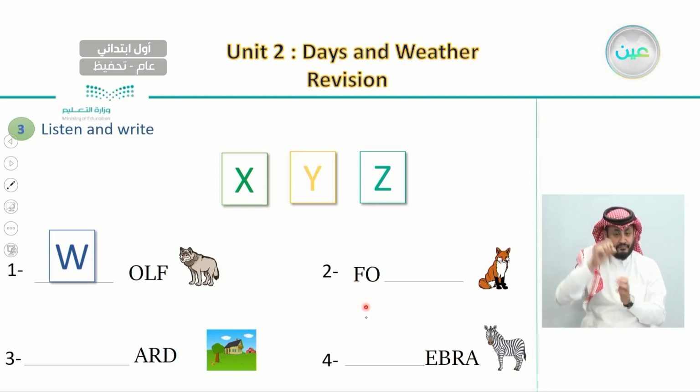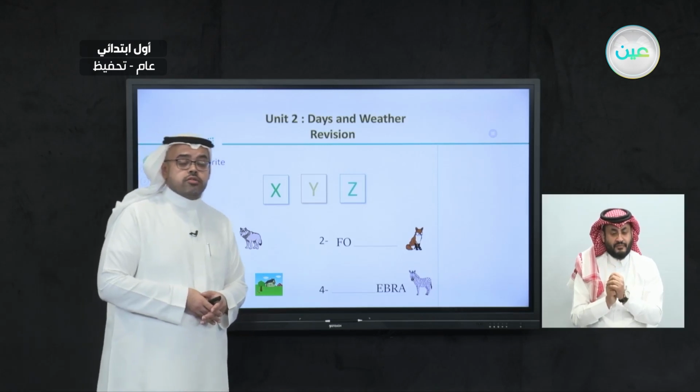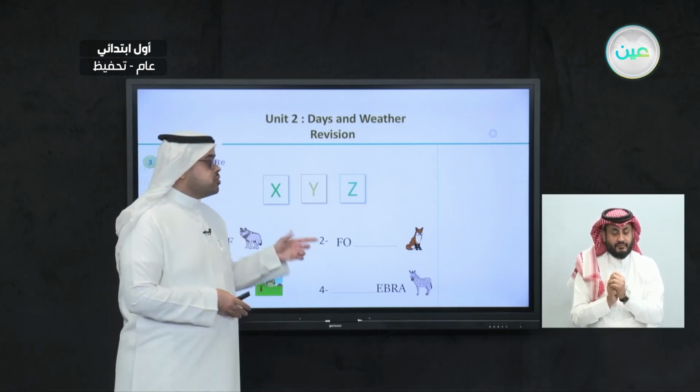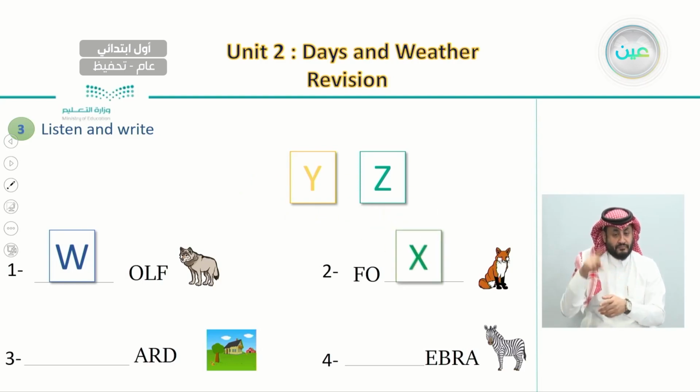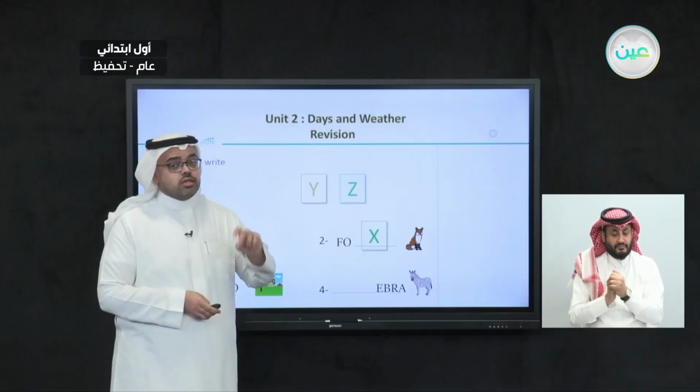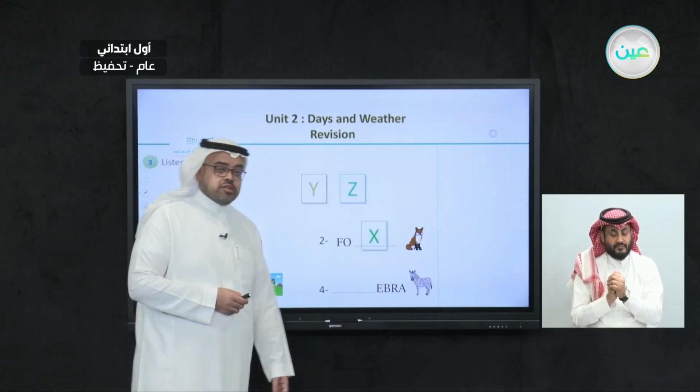Number 2 is fox. So the word fox, what should we write the word fox with? Should we write it with letter X or Y or Z? Here we should write it with letter X. Fox, which is the second letter we practiced in the last 2 lessons.